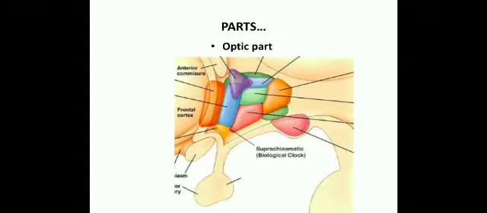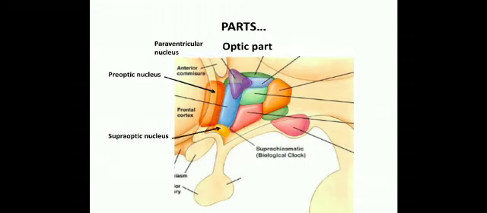In the optic part we can see the preoptic nucleus, the supraoptic nucleus, the paraventricular nucleus above the supraoptic and lateral nuclei, then the suprachiasmatic nucleus, which is above the optic chiasma.